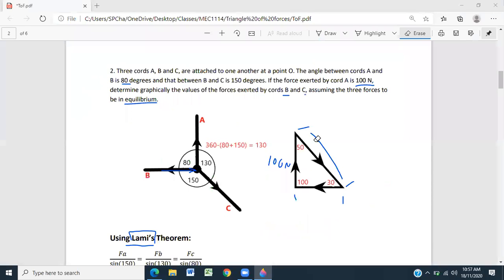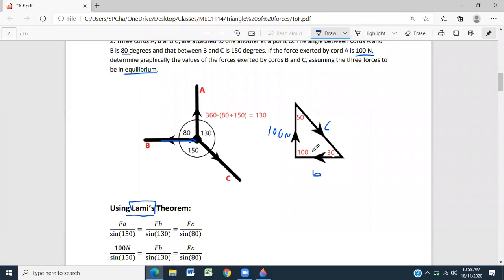Okay, good. So using the sine rule and this triangle that we created, we can easily find, say, this force C or this force B. So let's start. The angle is 30, the magnitude is 100, so 100 over sine of 30 is equal to, and say we want to find C, so C over sine of this angle here, 100.